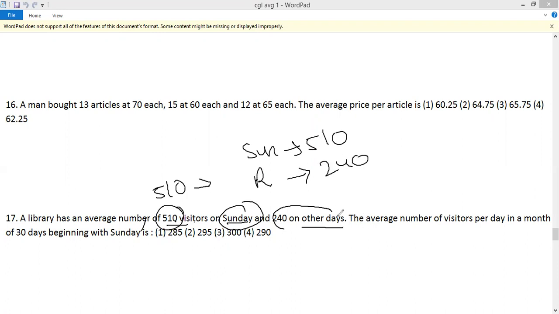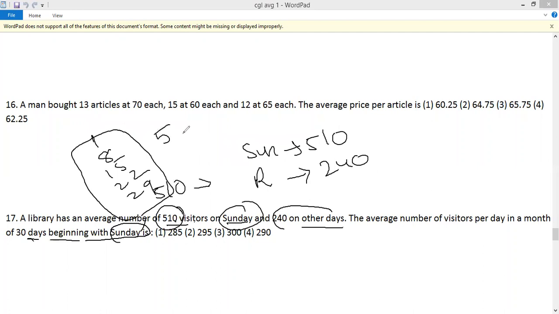See here, average number of visitors per day in a month 30 days. Month has 30 days and starting day is Sunday. Starting day is Sunday, so first is Sunday, 8 is Sunday, 15 is Sunday, 22 is Sunday, 29 is Sunday. So how many Sundays? 5 Sundays are there. 5 Sundays. So what happened? 510 into 5 plus 240 into remaining 25 days by 30. This is the answer, right?